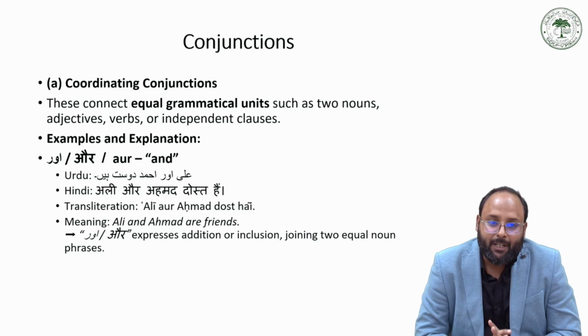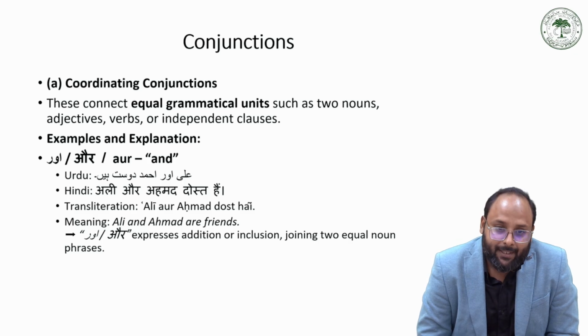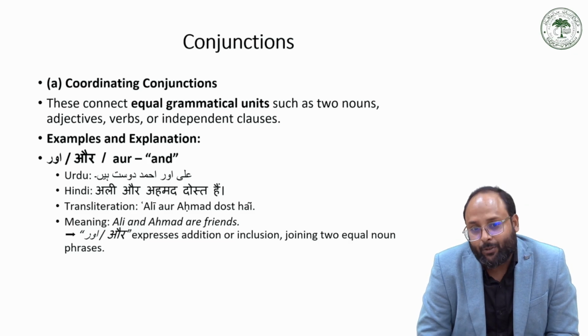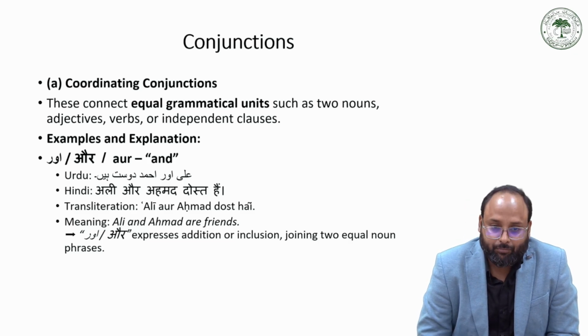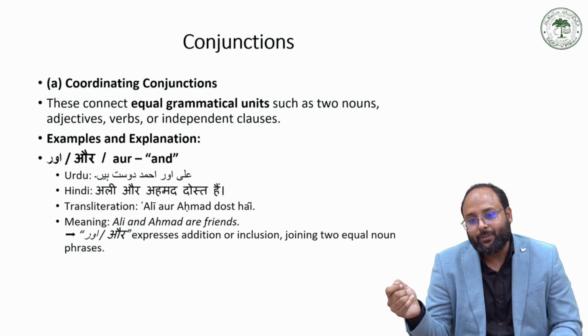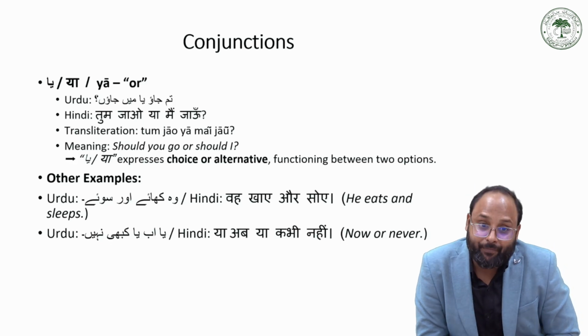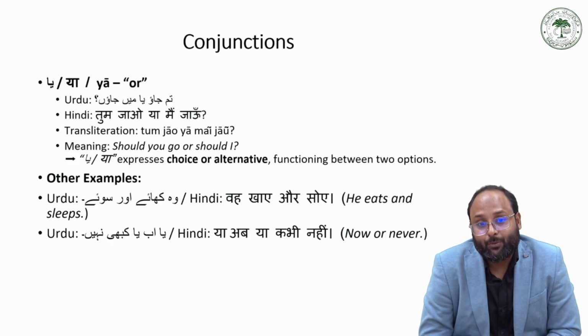Here we have an example: Ali और Ahmad दोस्त हैं. They are two nouns, so it expresses the meaning of addition or inclusion, joining two equal noun phrases. And the other is ya, like तुम जाओ या मैं जाऊं.